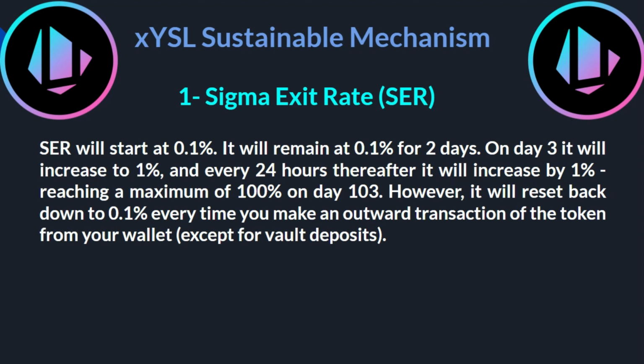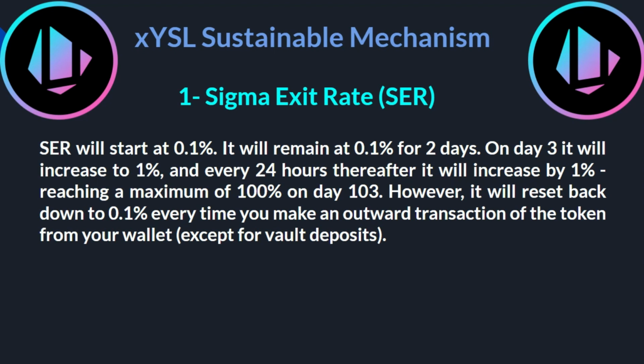On day 3, it will increase to 1%, and every 24 hours thereafter, it will increase by 1%, reaching a maximum of 100% on day 103. However, it will reset back down to 0.1% every time you make an outward transaction of the token from your wallet, except for vault deposits.